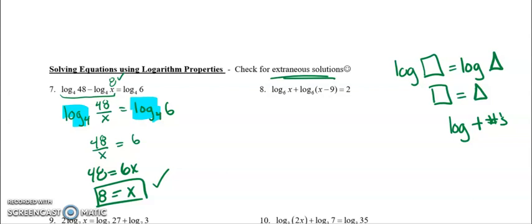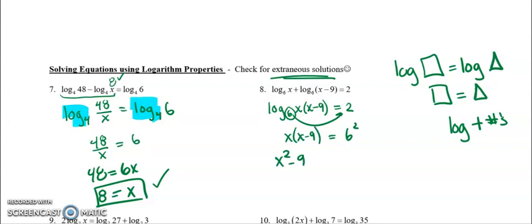If we look at number 8, we've got addition. So where did addition come from? Addition came from multiplication. So we'll have to multiply those two. Now this one's a little different because I don't have logs on both sides. Okay, so what we'll have to do here is we'll have to rewrite it as an exponential. We'll take the 6, pops the 2 up, equals x times x minus 9.